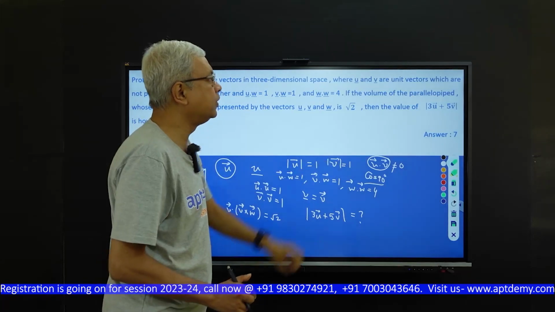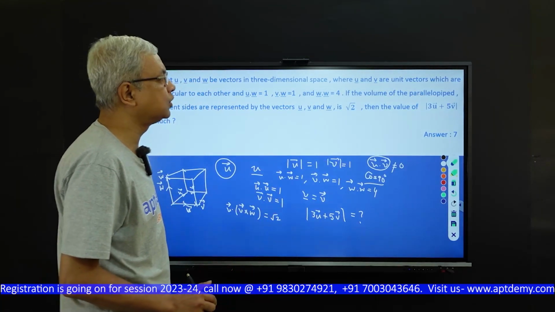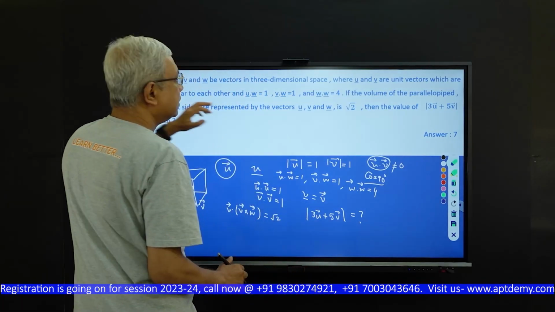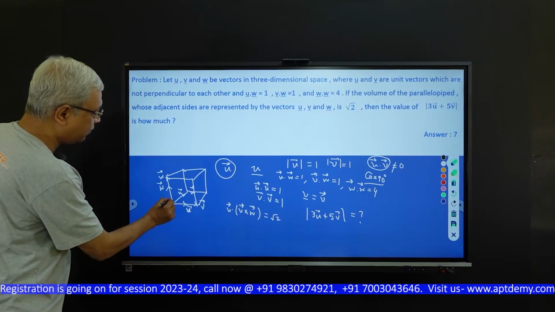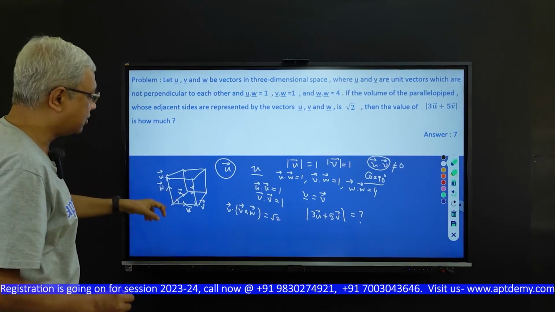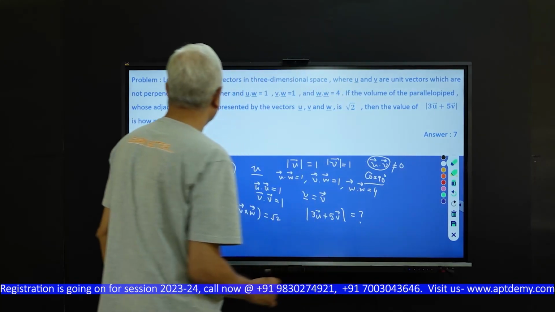The mod u and mod v are unity. That means u dot u is unity, v dot v is also unity, and they are not perpendicular to each other. The angle between u and v is not 90 degrees, and therefore u dot v is not equal to 0.